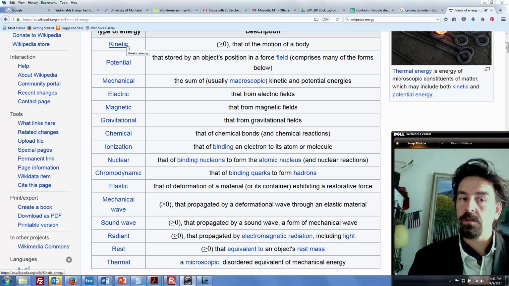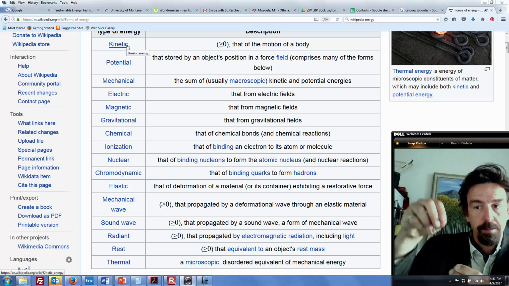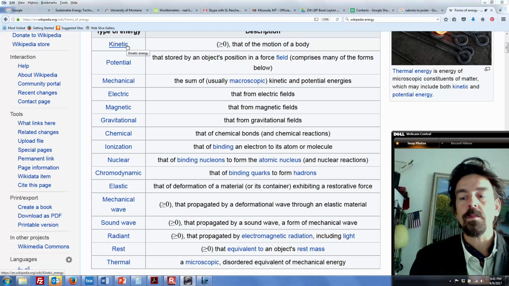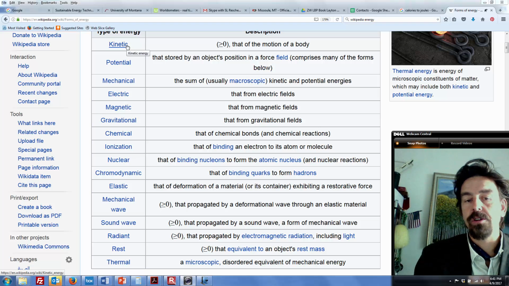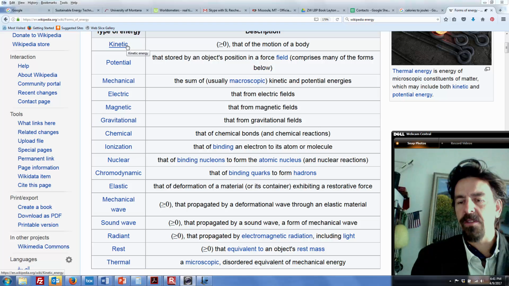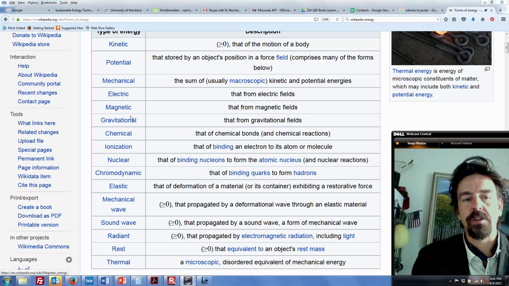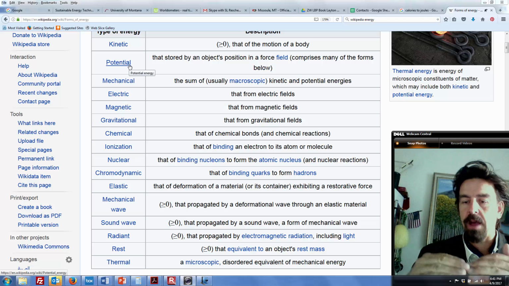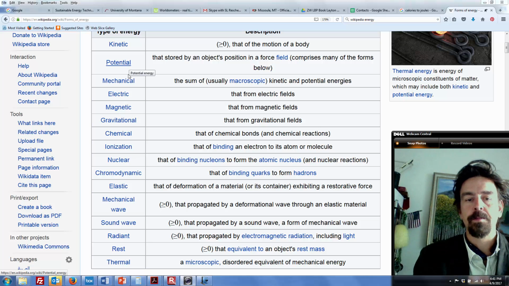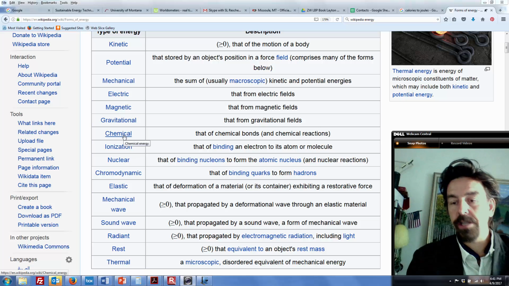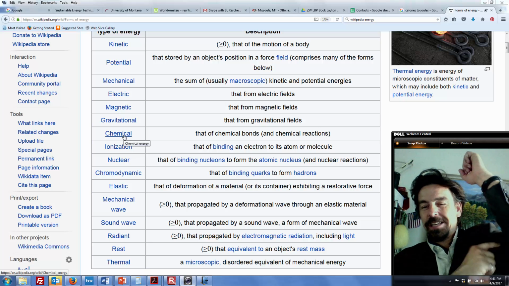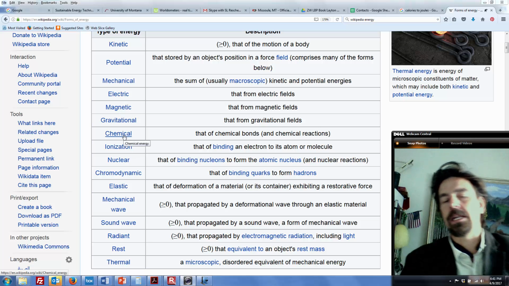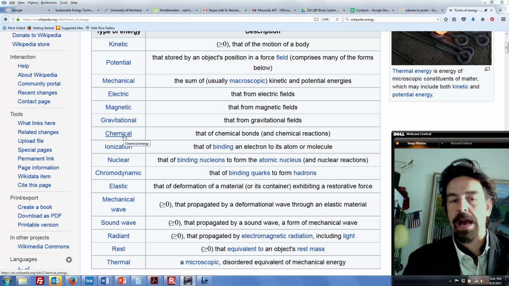That's volts times amps. Magnetic, if you have a magnet, it can pull something towards it. Gravitational is gravitational. We can think of gravitational as the same as potential. So if you have gravity, you can have potential energy. Chemical energy is, like they said, muscle. Chemical is muscle, and chemical is also like in a battery.